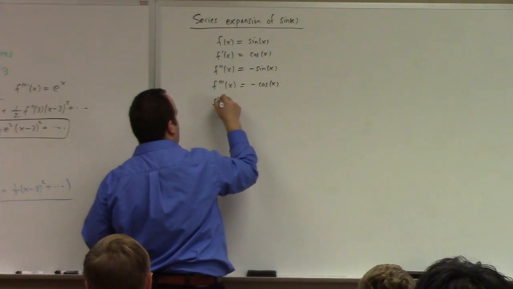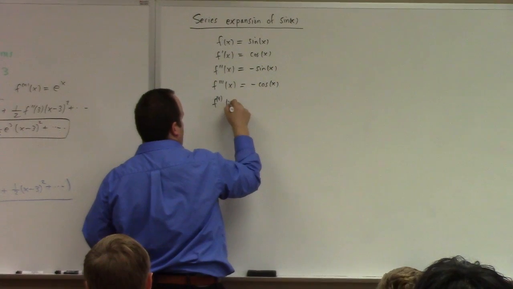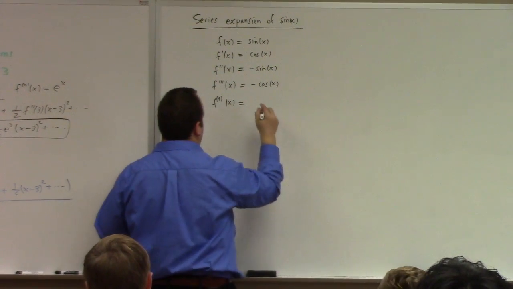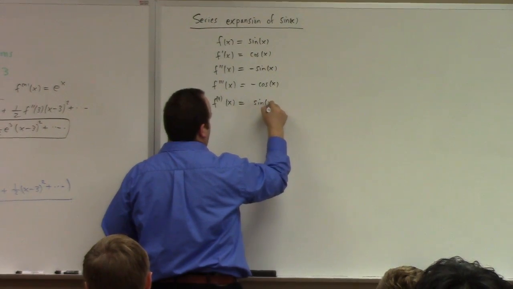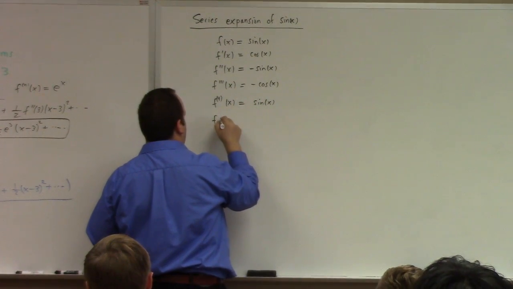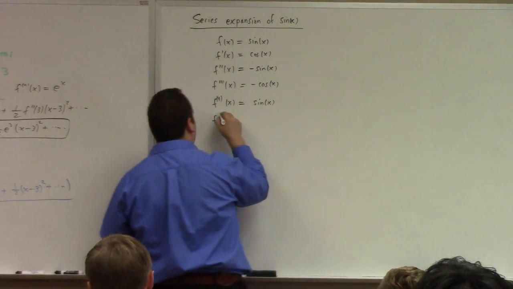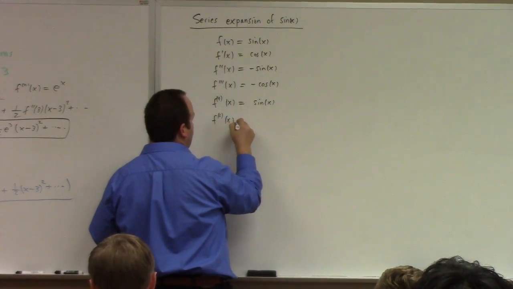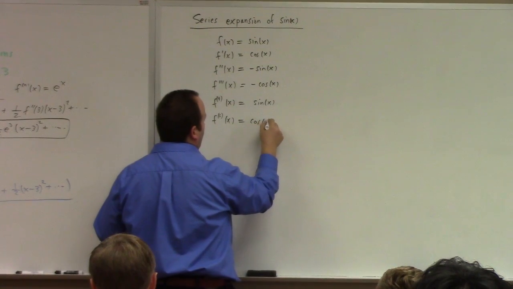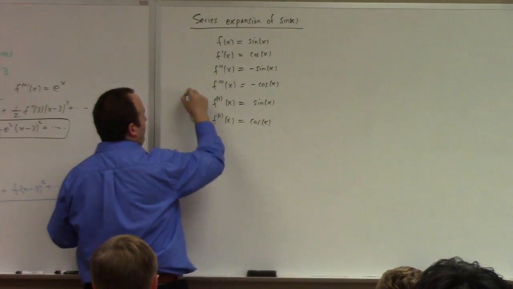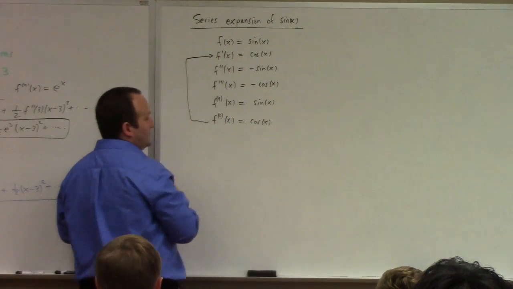The fourth derivative is sine. The fifth derivative, well, anyway. So you can kind of see where we're going with this. You see the pattern start to repeat, don't you? See, we're back to here again, right?